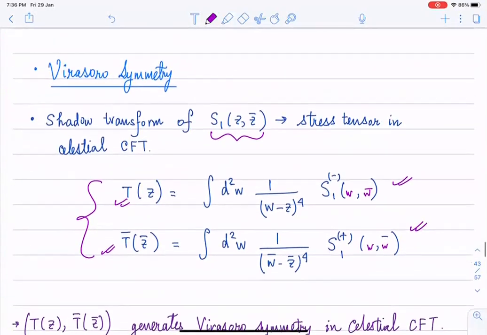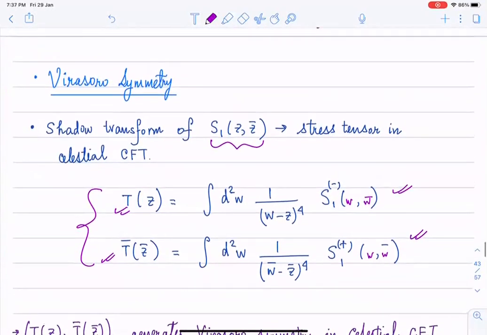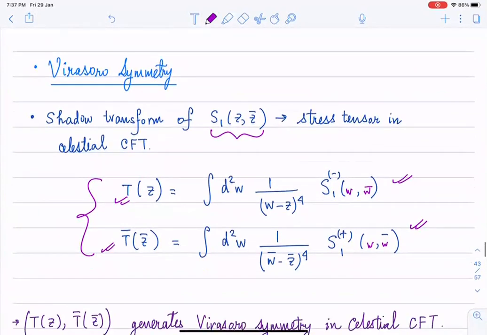But it turns out that if you take the shadow transform of the negative helicity soft graviton operator, denoted by this S1 minus, that gives you the holomorphic stress tensor. And alternatively, if you take the shadow transform of the positive helicity soft graviton operator, that gives you the anti-holomorphic stress tensor.